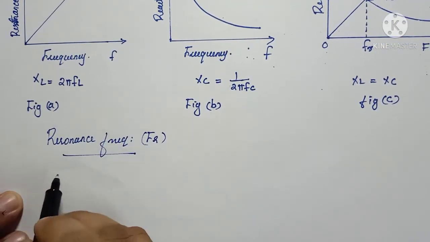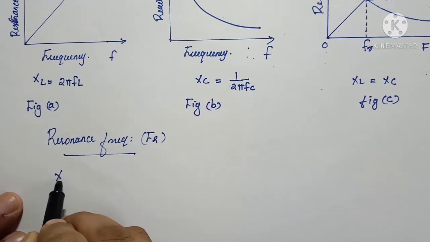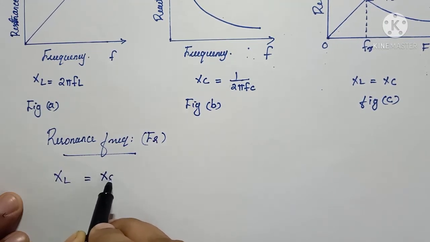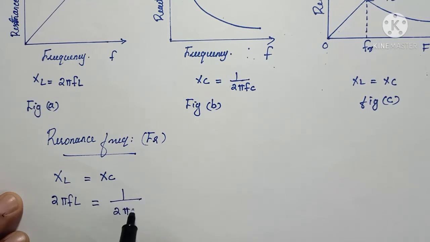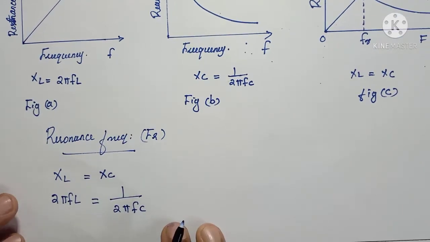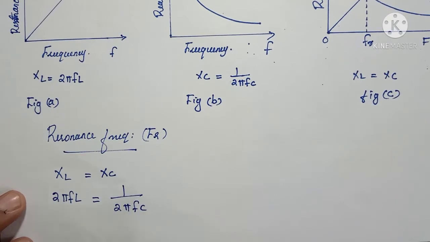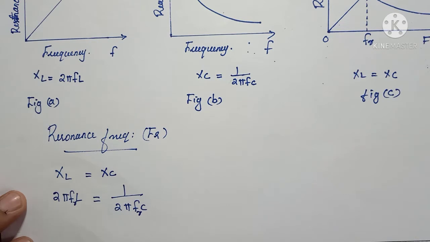We know that at resonance condition XL is equal to XC, and XL is 2 pi F L, which is equal to 1 by 2 pi F C. This frequency will be the resonant frequency. So we can write the resonant frequency on the left side, and the other terms go to the right side.